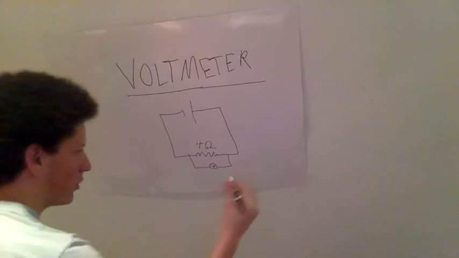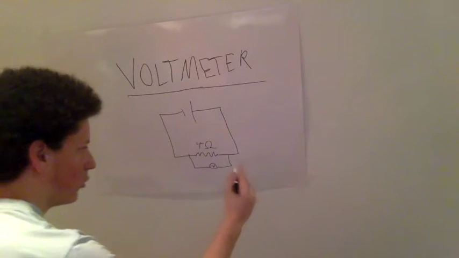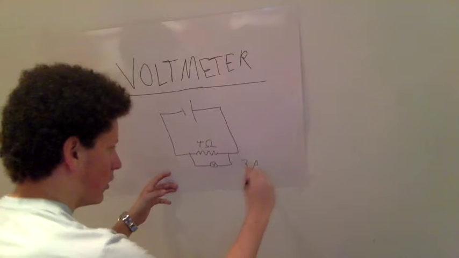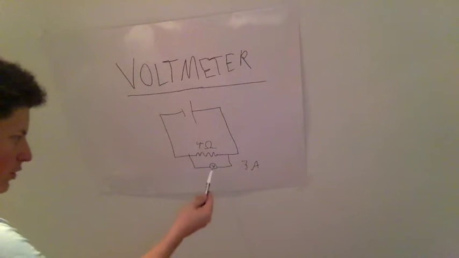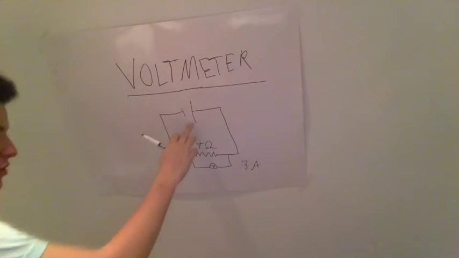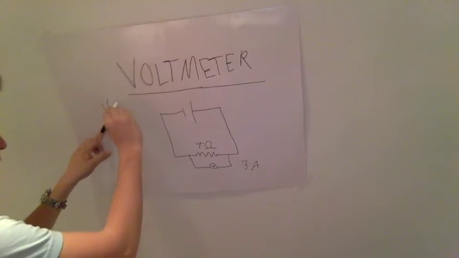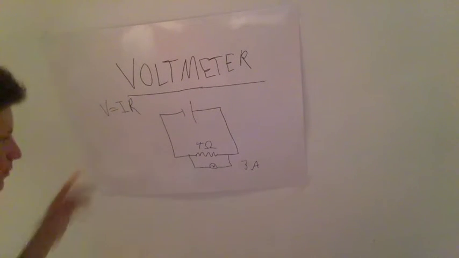So let's say that the current running through this resistor was known to be 3 amps. Then an easy way to determine what the reading would be on this voltmeter, and in this case what the chemical potential would be of this cell, would be to use the equation V equals IR, or voltage equals current times resistance.